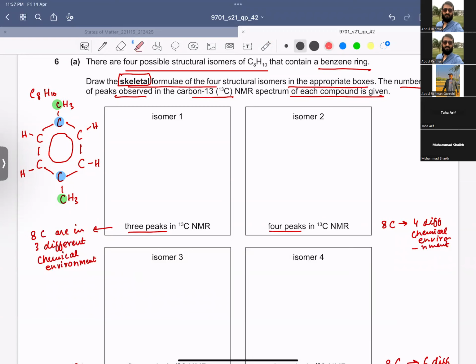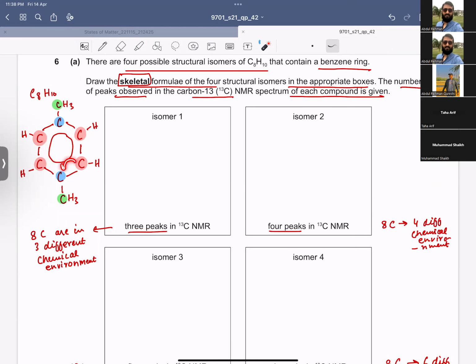And there are 4 carbon atoms left. If you look at all of these 4 carbon atoms, they have exactly the same signal, because on one side of each of these carbon atoms is CH, and on the other side there is CCH3. See, this carbon has one side CH3 and on the other side CCH. In this way, this carbon has one side CCH3 and on the other side CH.